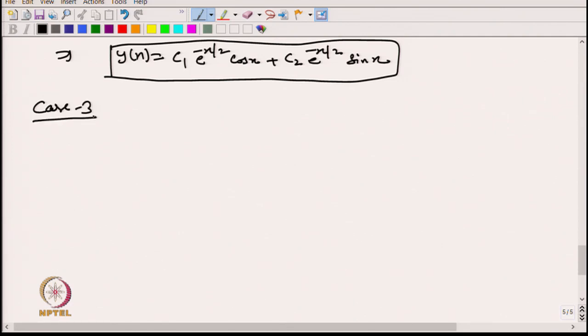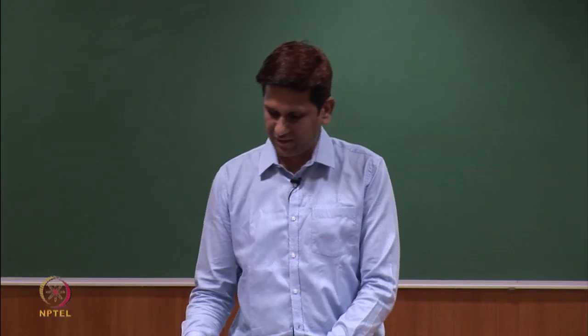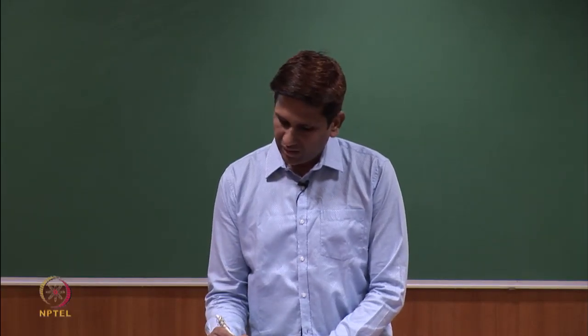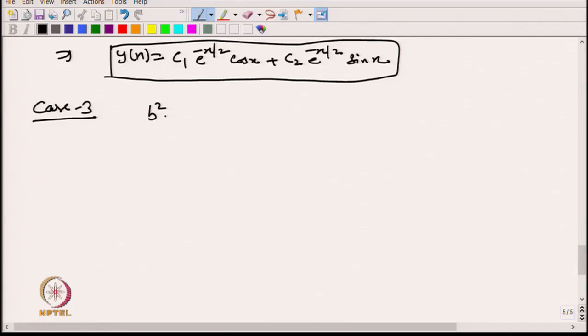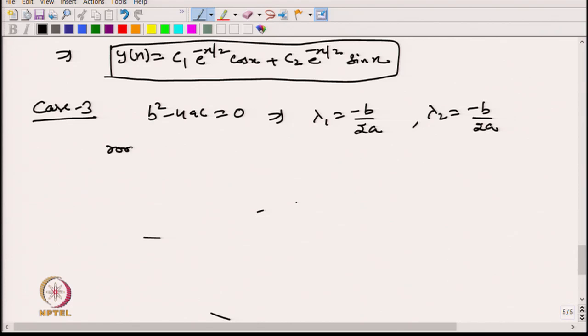So, this one we are doing only for the homogeneous case with constant coefficients. In case number 3 it may happen that b square minus 4ac, that is, when we find the roots of the quadratic equation, becomes equal to 0. In that case, my lambda 1 will be minus b by 2a and my lambda 2 will be minus b by 2a. So, in this case the roots are real and repeated.